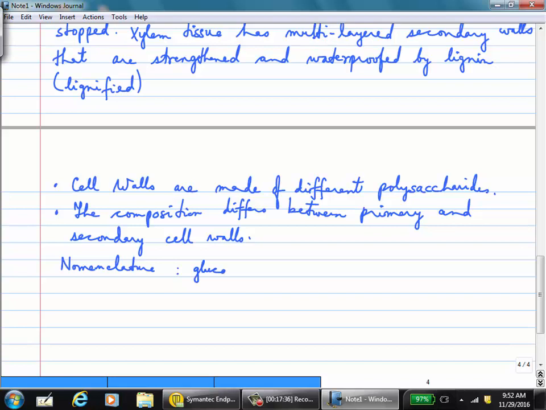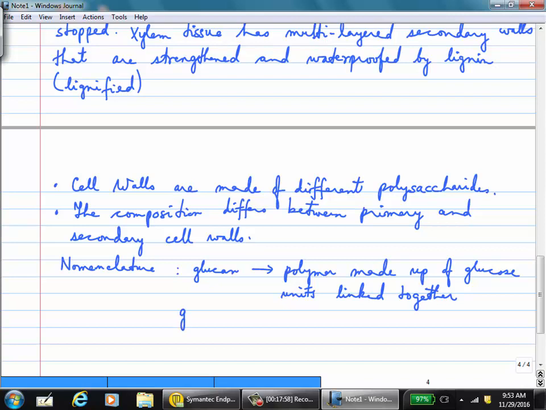So a glucan is basically a polymer made up of glucose units linked together, right? Then a galactan, right? What do you think a galactan is going to be?